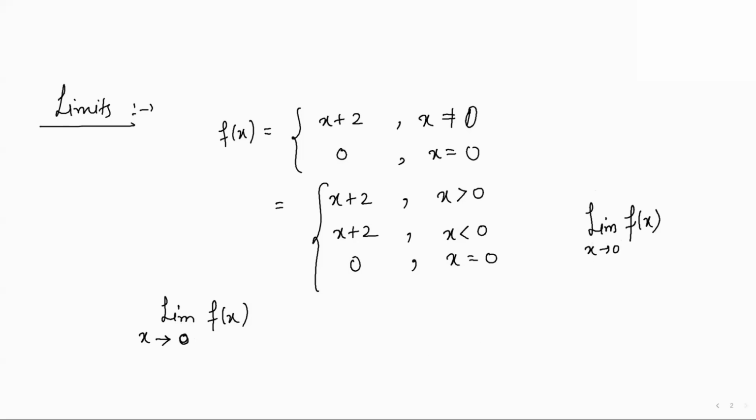Now, what is this x approaching 0? It means I'm not asking you the value of this function at x equal to 0, which is obviously clear: when I replace x by 0, the value of this function is 0 only, right? But what does it mean that x is approaching 0?